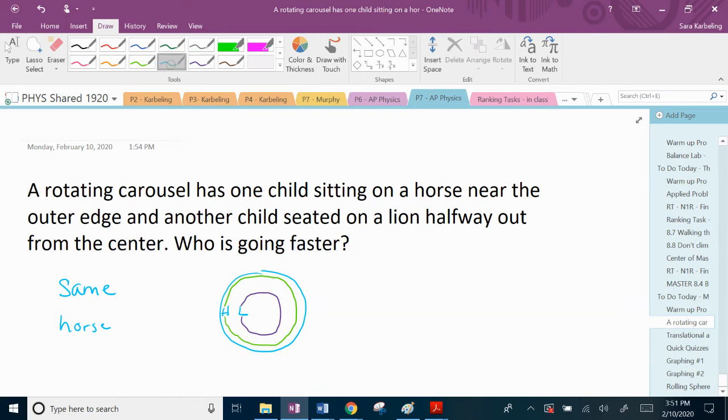Okay, so you're saying the horse, because the arc length, say it again, arc length what?